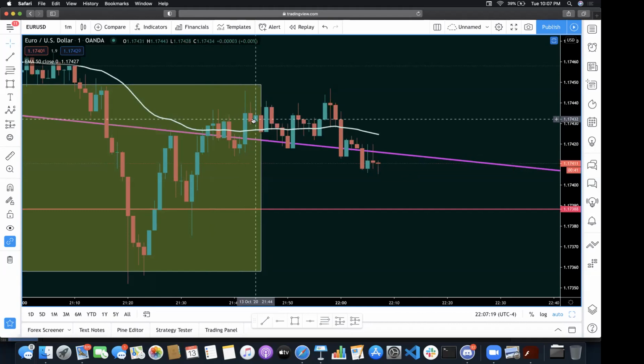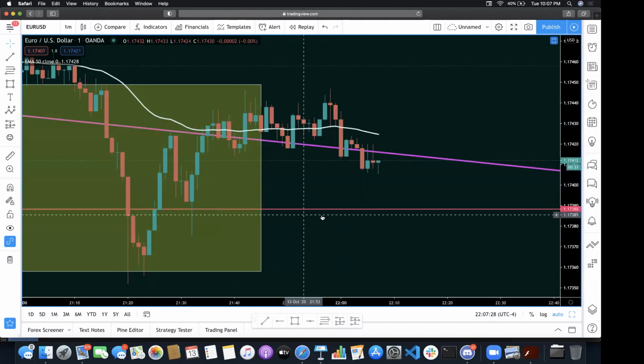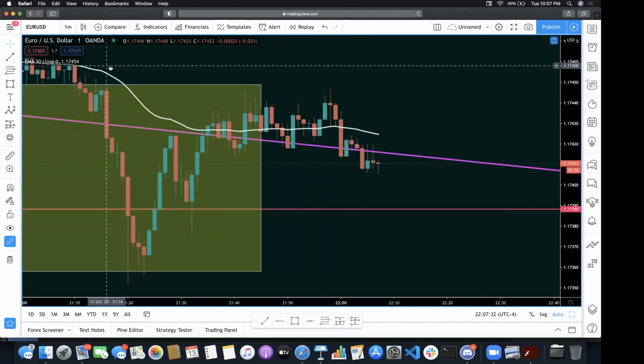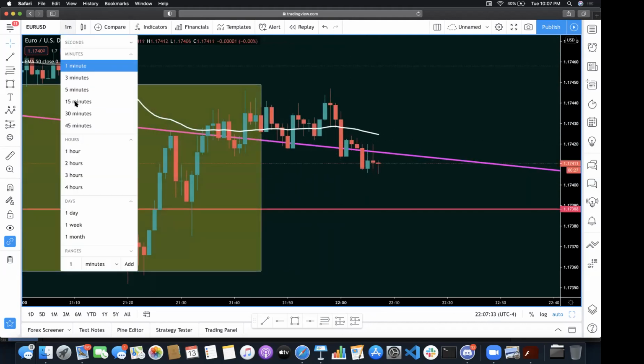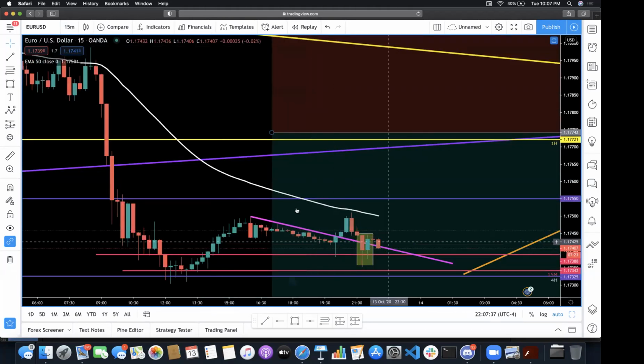This is better, but again, not necessarily clean. So we could see it come back down and retest this line one more time. Maybe, just maybe. But again, that's the 1 minute chart. It doesn't really matter too much. I'm ready to see what's going to happen on this 15 and 5.